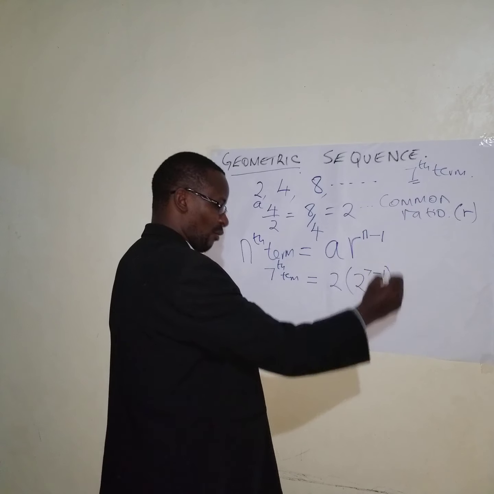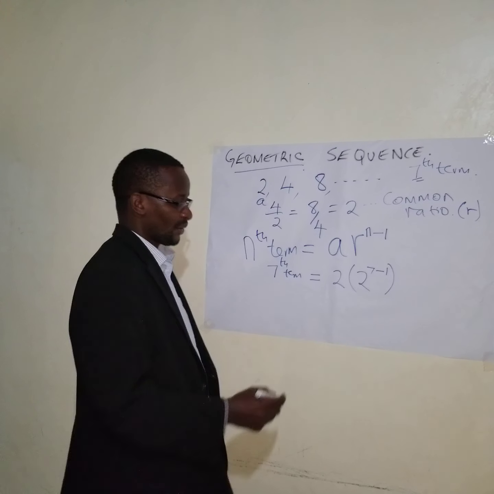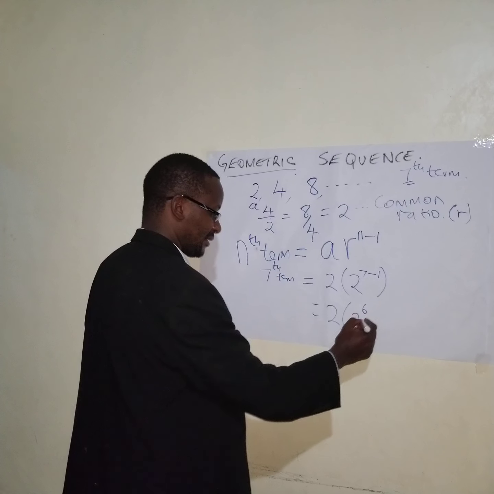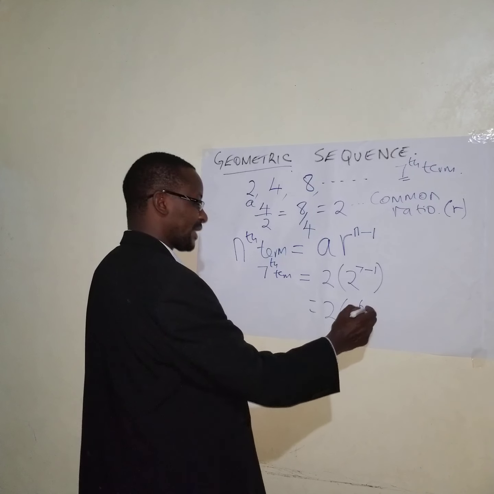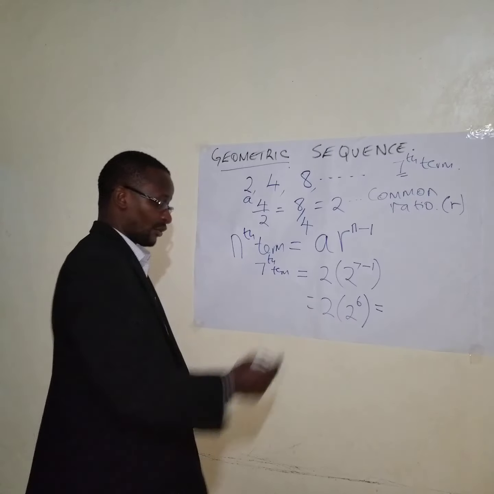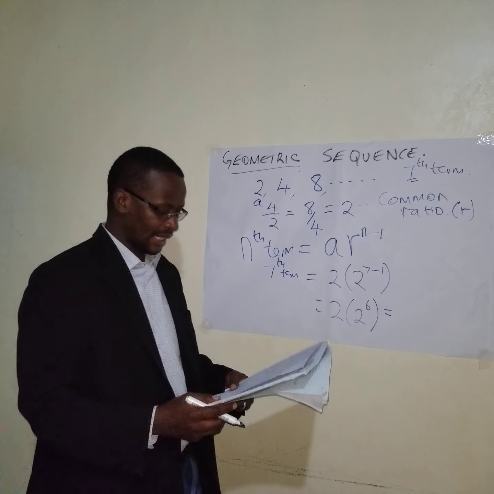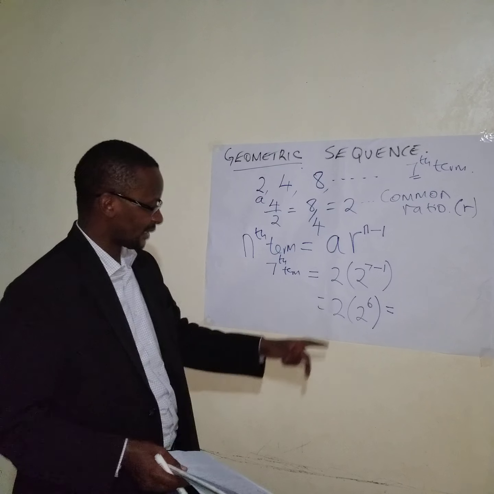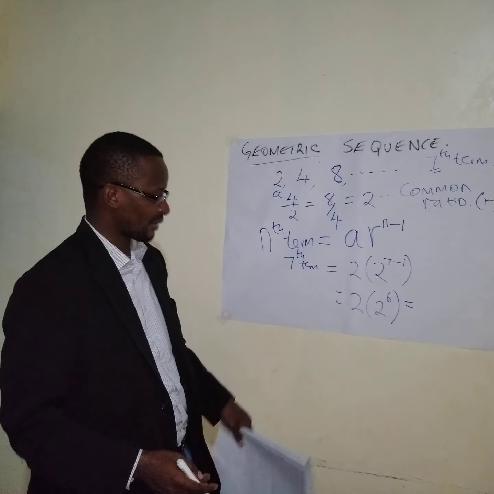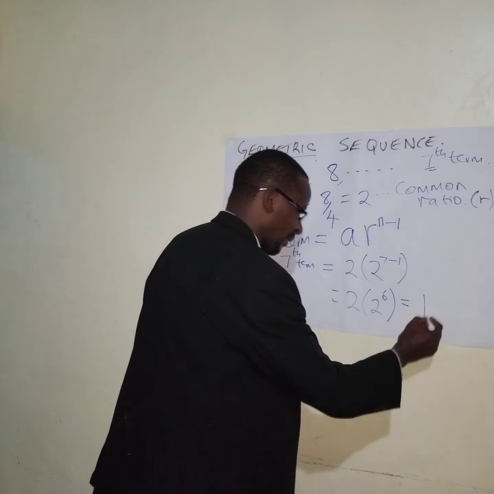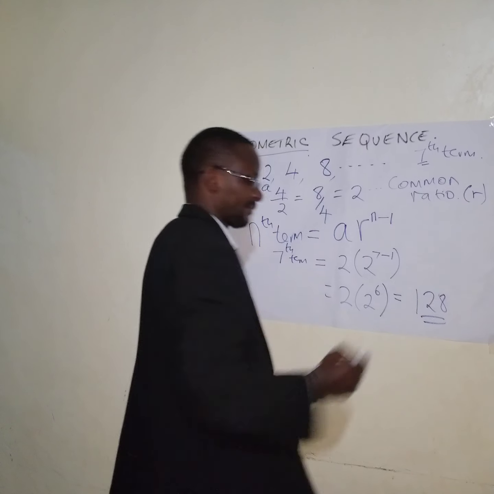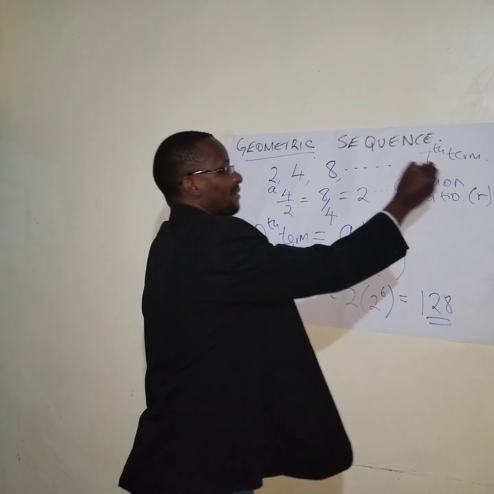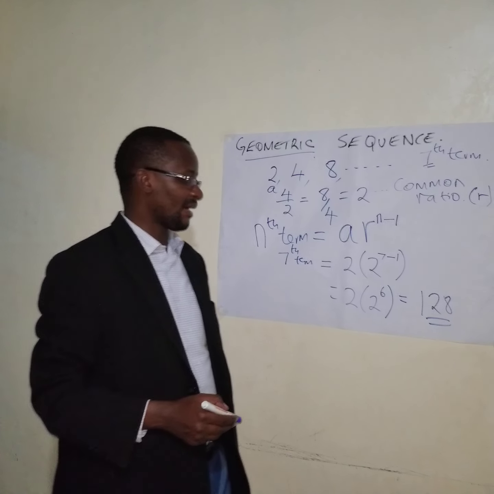So this will be 2 multiplied by 2 raised to power 6. So you can do that one. That is 2 raised to power 6 multiplied by 2, which is 2 raised to power 7. I think it should be 128. You can check. So 128 is our 7th term.